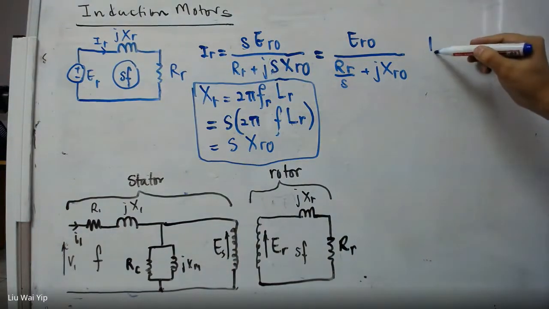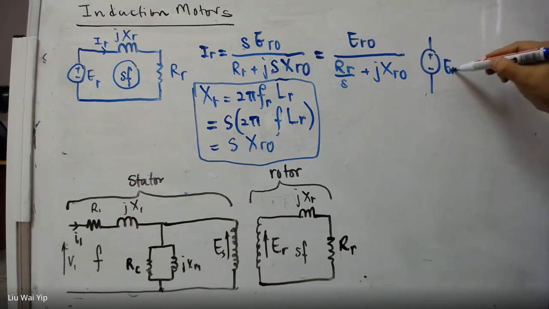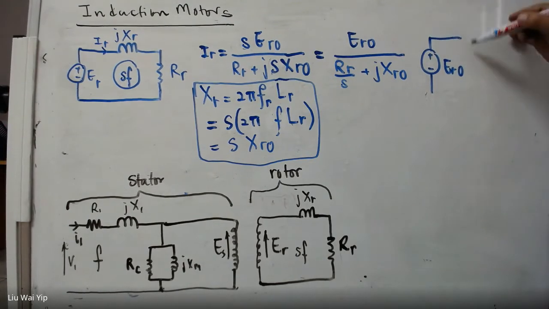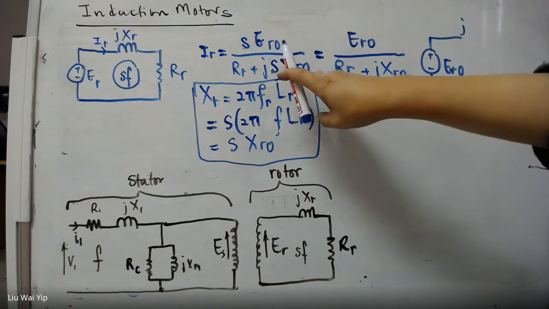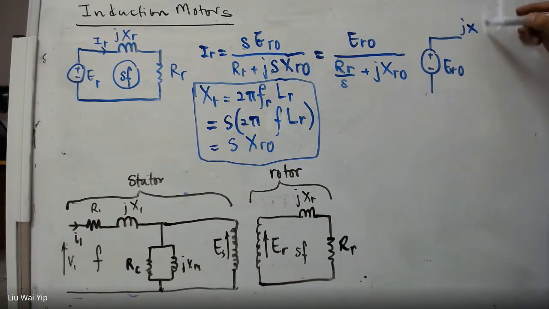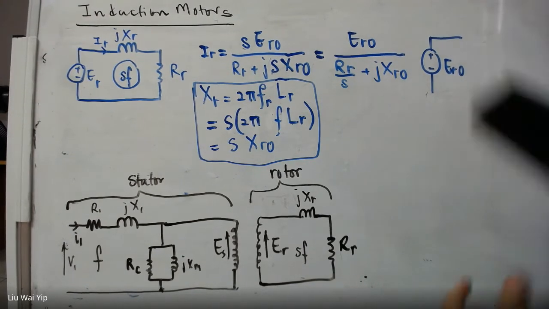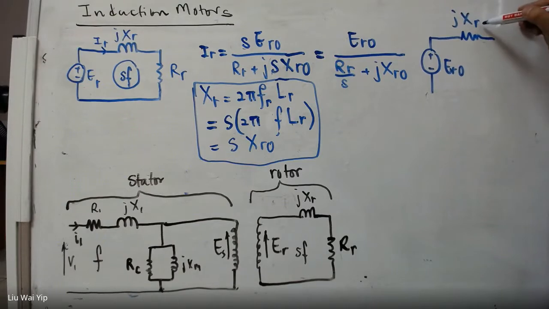The voltage here now is the voltage at standstill. And the inductance here is going to be the reactance at standstill, together with a resistance.